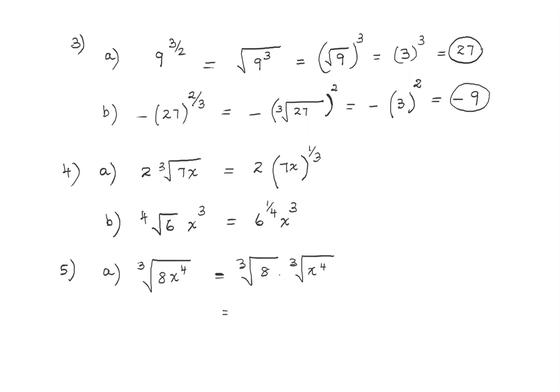And we know that cube root of 8 is 2. And I'm going to break this x to the 4 into x cubed times x, or cube root of x to the power 3 times 1. So whenever you have the index and the power the same, it's going to come outside and only this 1x is going to stay inside.